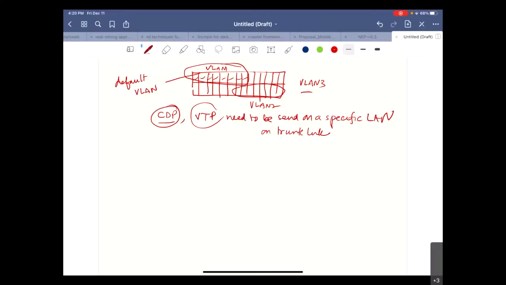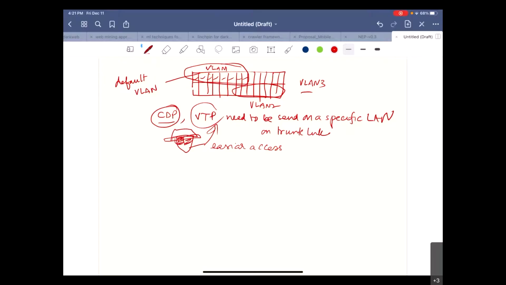And this gives attackers very easy access to these switches, because CDP and VTP give a lot of information about your VLANs, so that they can easily understand your passwords and all.